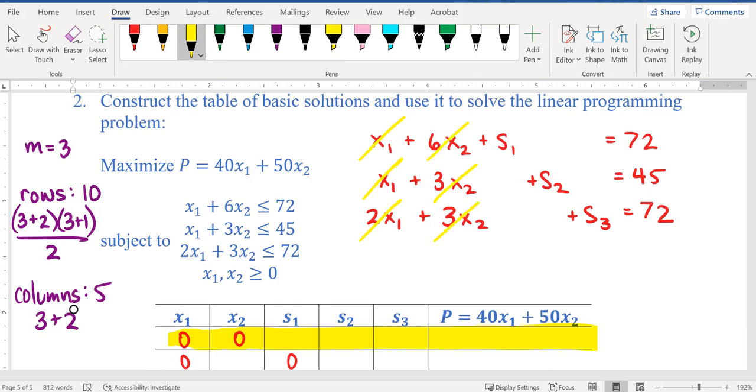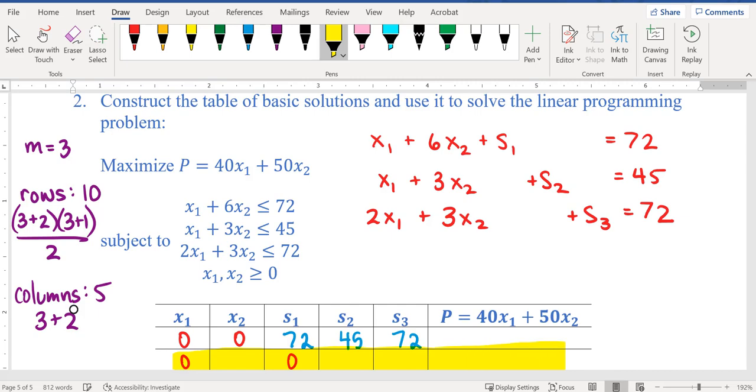My system says S1 is 72, S2 is 45, and S3 is 72. That takes care of the first row. Let's go do it with the second row, and then I'm going to stop. So here comes row 2.